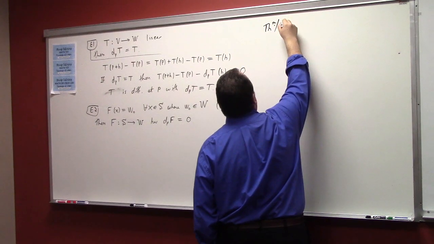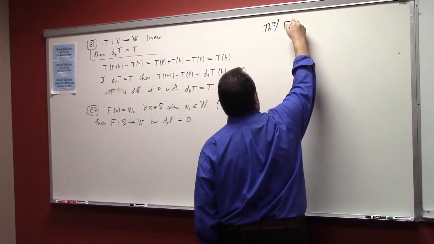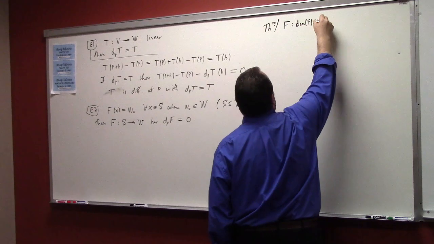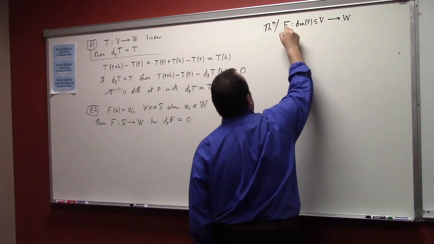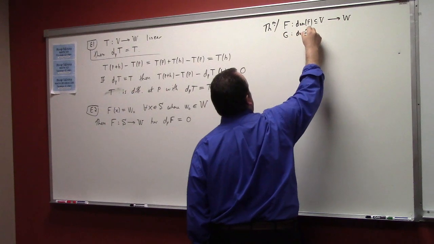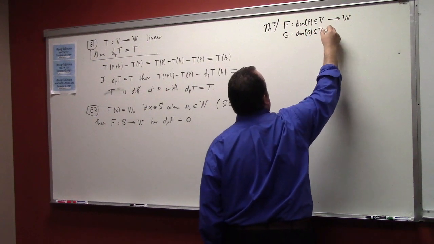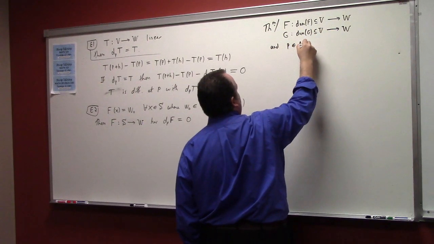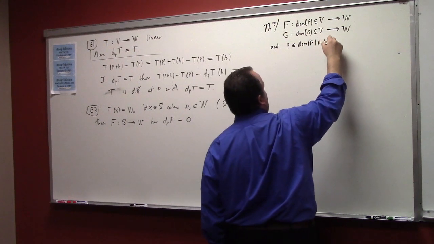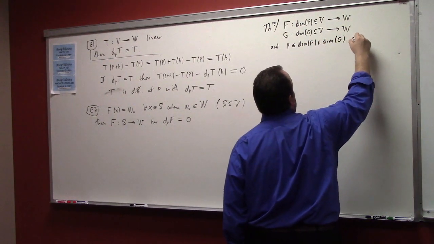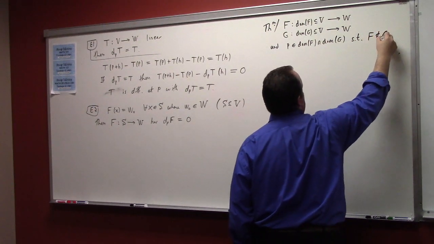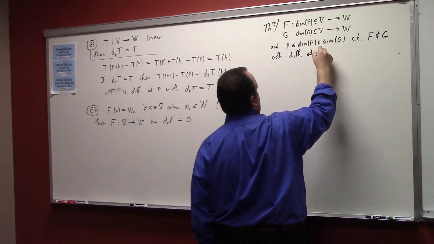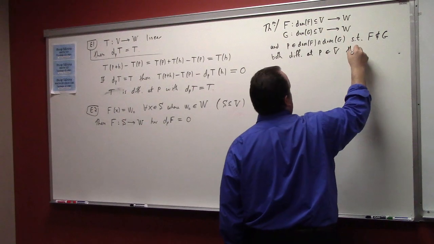Well, let's suppose, I won't even prove this one, okay? But if we had f from V to W, and if we have g to W, and if p is an element of the intersection of their domains, such that f and g are both differentiable in the Fréchet sense, of course, at p in V, then guess what?